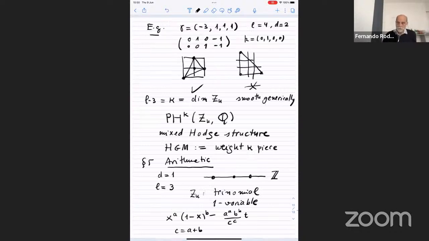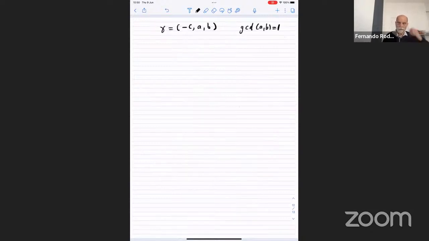So these are examples where you can write down very explicitly what the equation is, and it's dimension 0, and it also corresponds to weight 0.